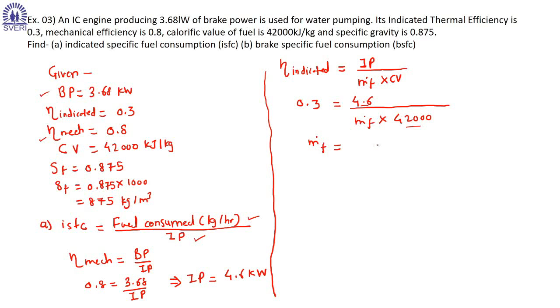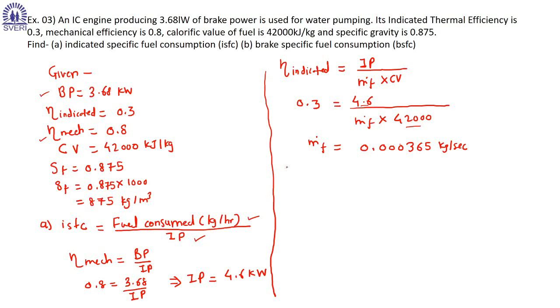So this comes out to be 0.000365. So the unit will be kilogram per second. Now if I want to calculate this as kilogram per hour, I have to multiply by 3600.